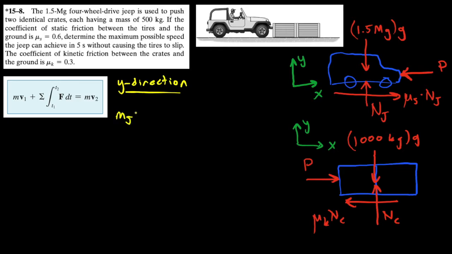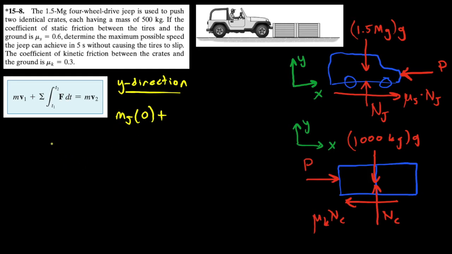So we'll call that m_J times 0 plus this term, and this may look like, oh, we have an integral, is this hard? But what this basically is saying is we have the range t1 to t2 integrated F dt. That basically means we have the constant force applied. If the force is constant, then it becomes simple. Otherwise, you actually do have to integrate.